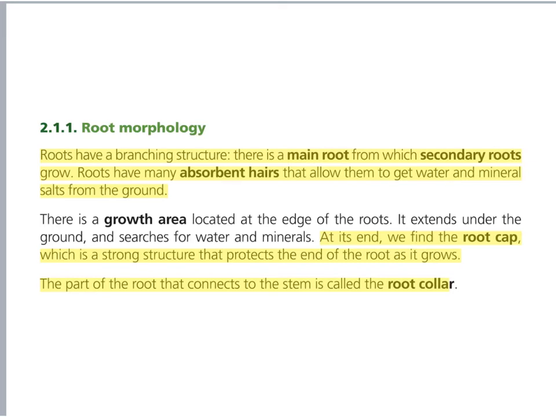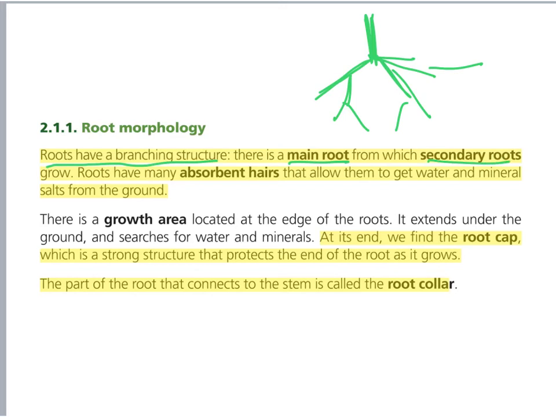In this slide, you have everything that we have talked before. So roots have a branching structure. That means that you have the main root and it branches out, becoming smaller and smaller. So there is the main root, and secondary roots, the ones that come directly from the main one.